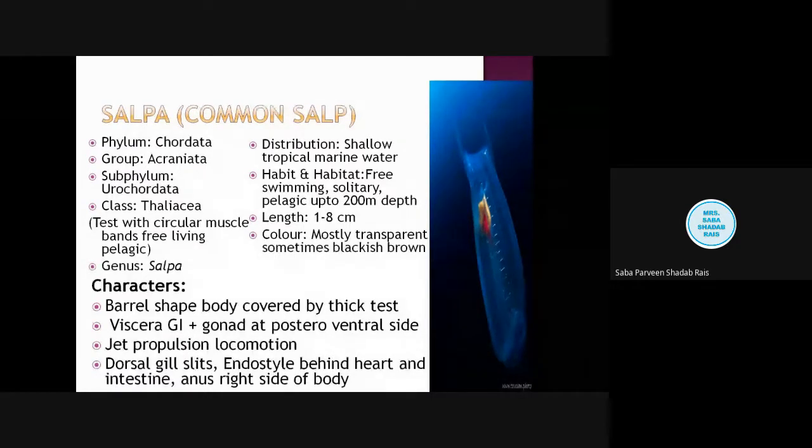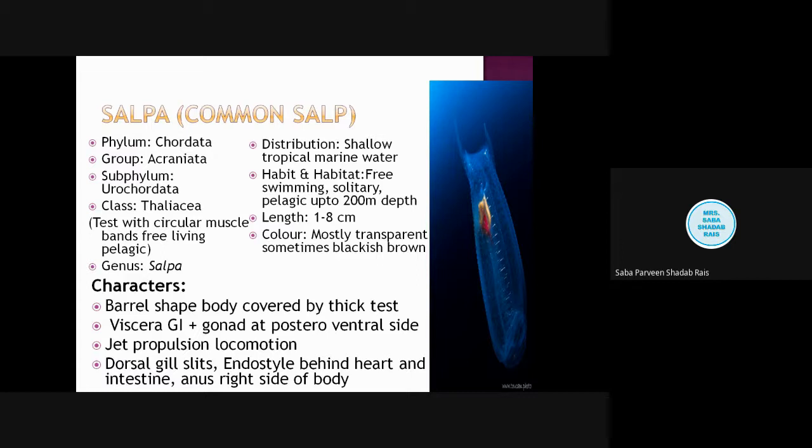You have to remember the three classes we have learned: Larvacea, then Thaliacea, and the third class was Ascidiacea. In Larvacea we have seen that in the adult stage they have larval characters.